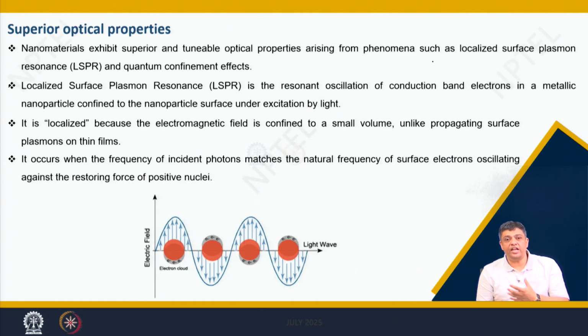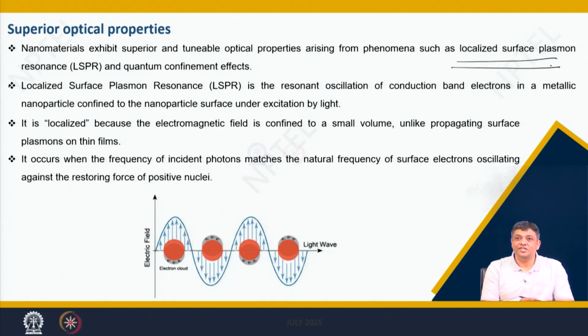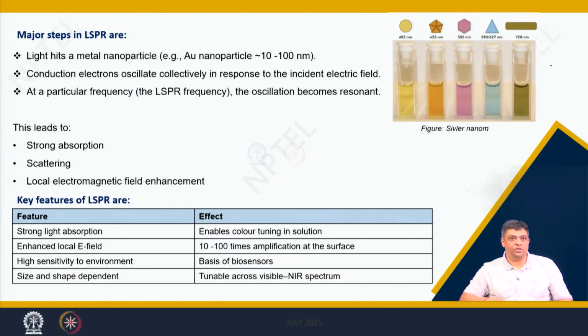The same thing is then obtained for optical properties. This is primarily driven by localized surface plasmon resonance and quantum confinement effects appearing together, and therefore, the localized field which you have, that results in different forms of oscillations, and that modulates the optical properties which you observe.